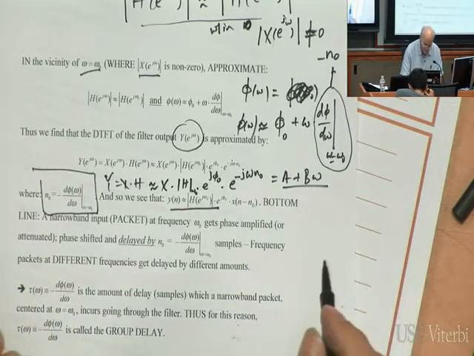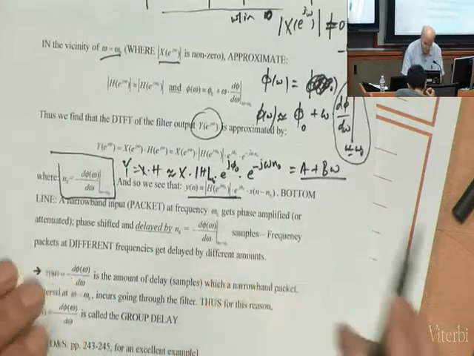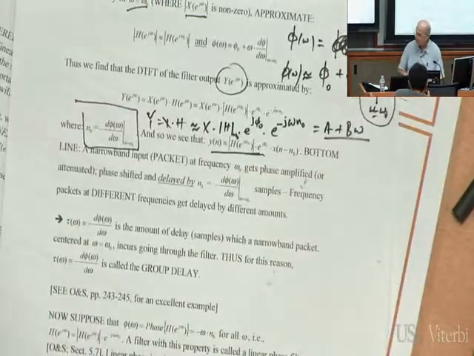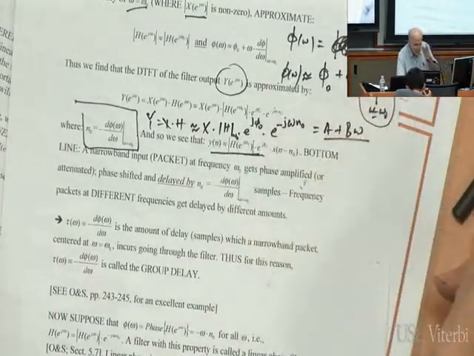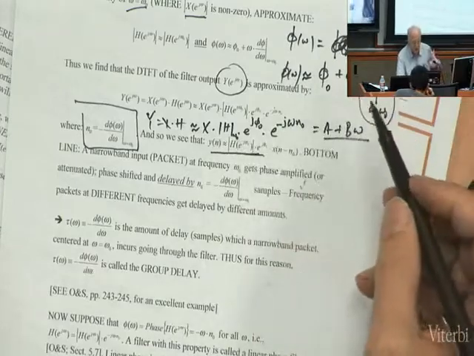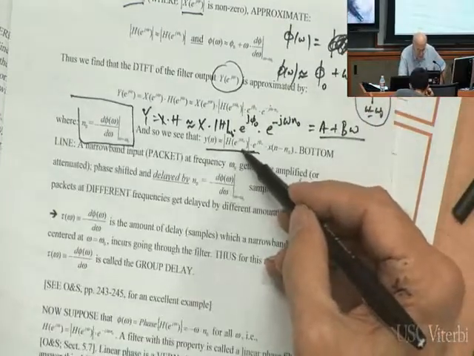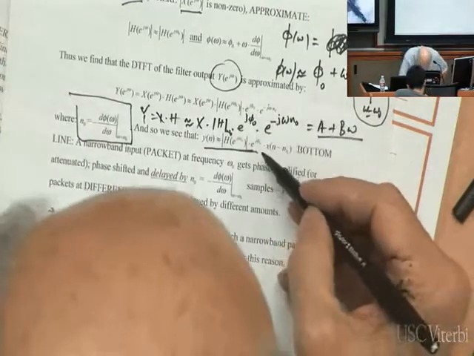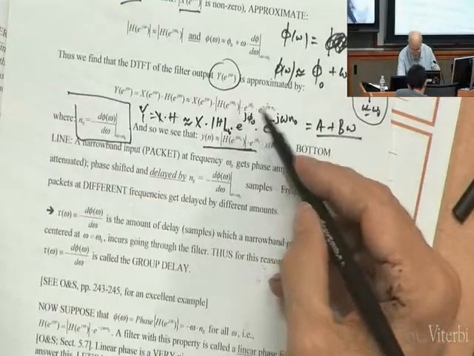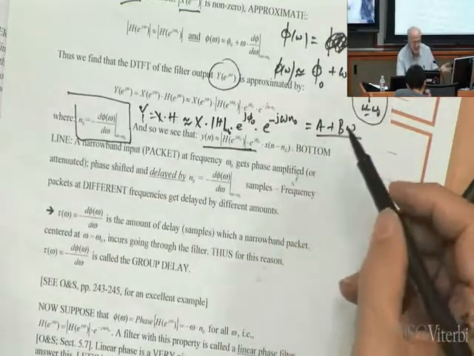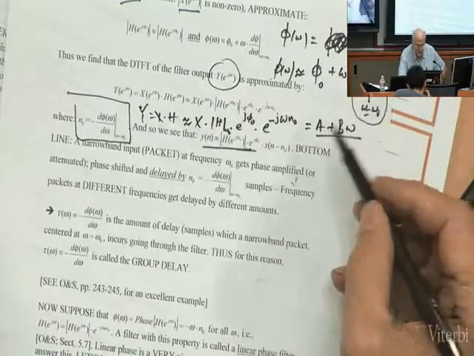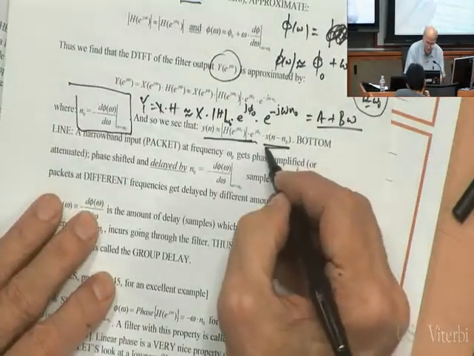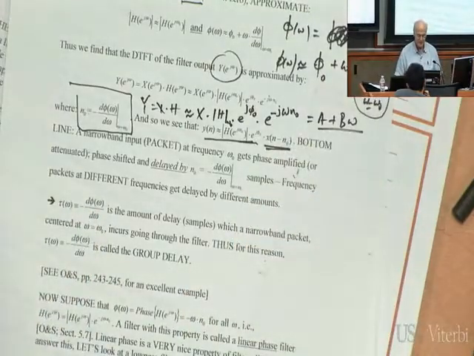So y of n in the time domain is approximated for a narrowband input as the magnitude of H of e to the j omega naught, a constant, times e to the j phi naught, a constant, times the inverse DTFT of X of e to the j omega times e to the minus j omega n naught. Guess what that is? That's little x in the time domain, x of n minus n naught.